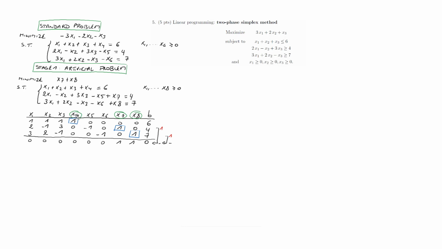It's simply x4 is equal to 6, x7 is equal to 4, and x8 is equal to 7. So the basic variables are x4, x7, and x8, right? And of course the cost function that we have used is x7 plus x8. So before we start, we have to make sure, and this is always what we do when we do pivoting, right, that we have zeros underneath the pivots.